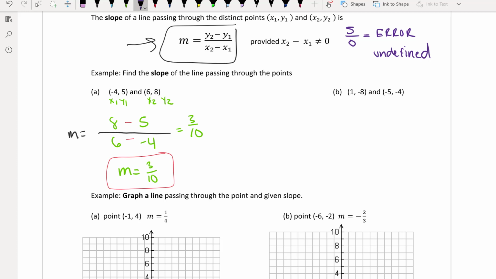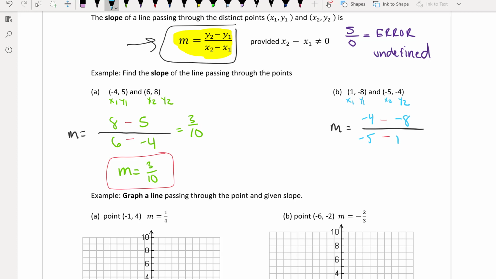For part B, we do the exact same thing. So I'm going to call this my x1, y1, my x2 and y2, and again I'm referring to this equation up here. So I'm like, okay, m is going to equal, and I know I have subtraction, numerator and denominator, my y2 is negative 4, my y1 is negative 8, my x2 is a negative 5, and my x1 is a positive 1.